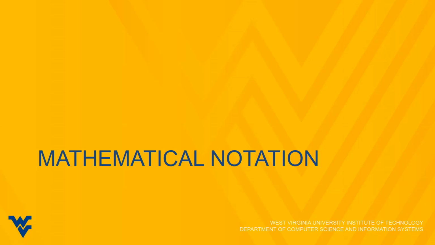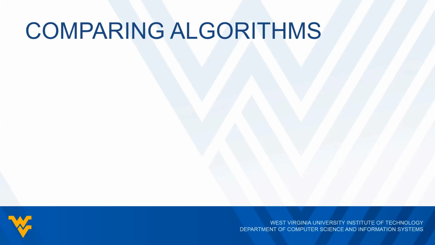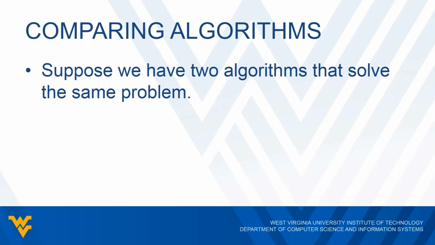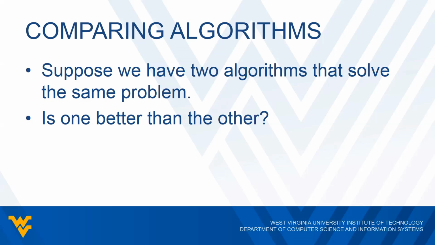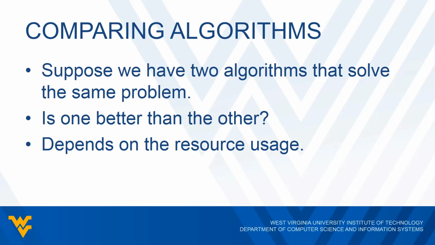We're next going to take a look at some of the notation that we would use in order to compare the algorithms. Let's suppose we have two different algorithms that correctly solve the same problem. The question we want to ask is, is one algorithm better than the other? And we've already mentioned that the answer is yes. It comes down to how we use the resources. How much time do both algorithms use?